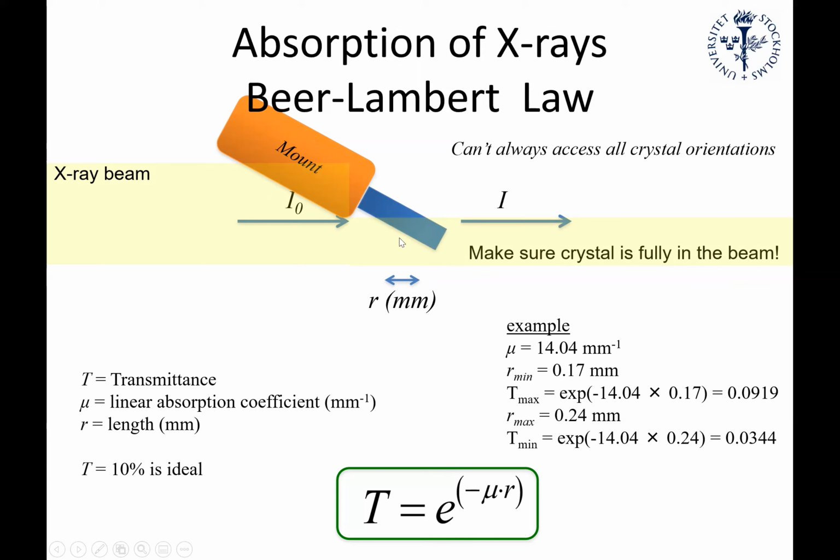So if you know the values of the dimensions of the crystal, your calculated minimum and maximum transmittance might not be what you experimentally observe because of limitations of how you can rotate the crystal.